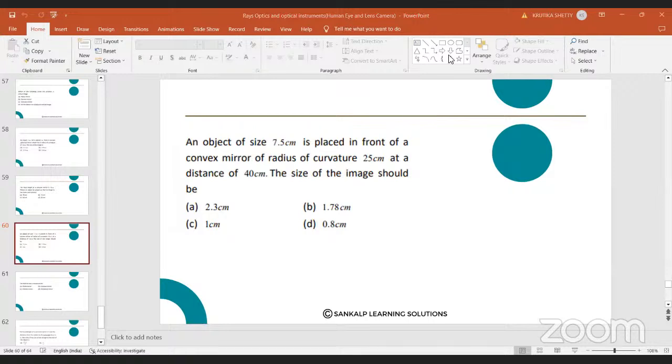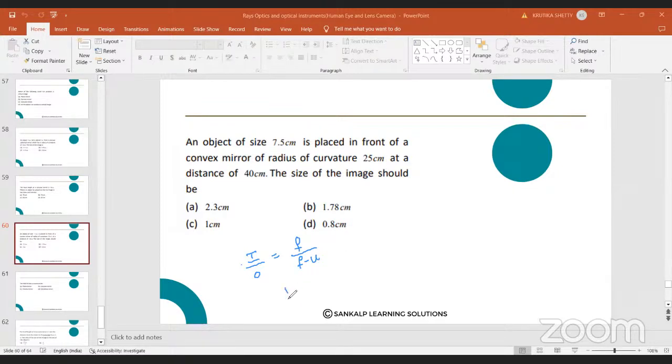So how to do this one? I'll give you the hint. The height of the image to the height of the object is equal to f divided by f minus u.